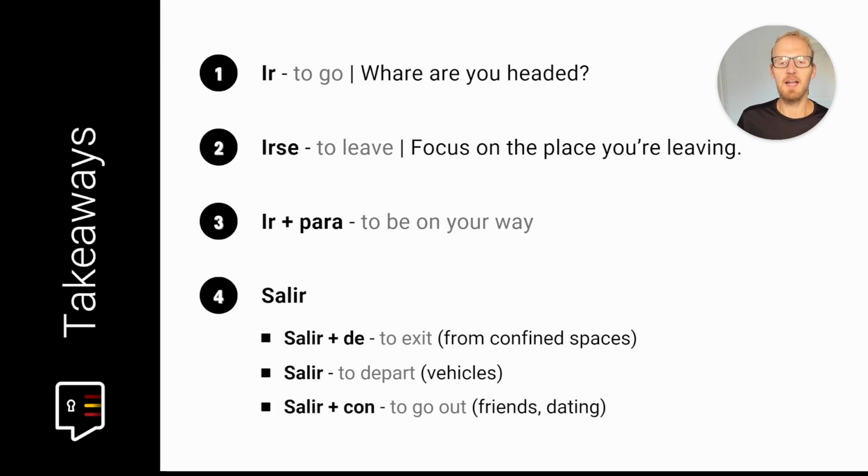And the verb salir, different meanings. Salir de would be to exit from confined spaces like a building. Salir also could be to depart from vehicles. The train departs at, el tren sale a las 6. And as we have just seen, salir con would be to go out with friends or also dating. Estoy saliendo con María. I'm dating María.